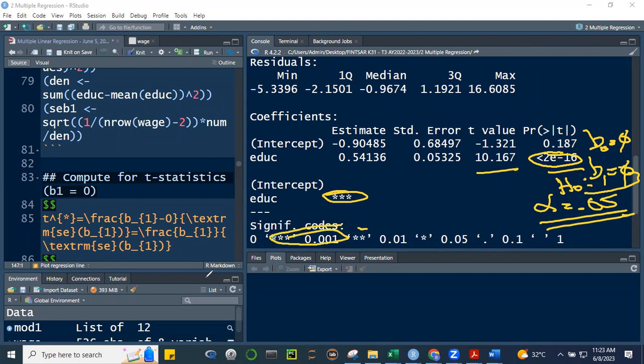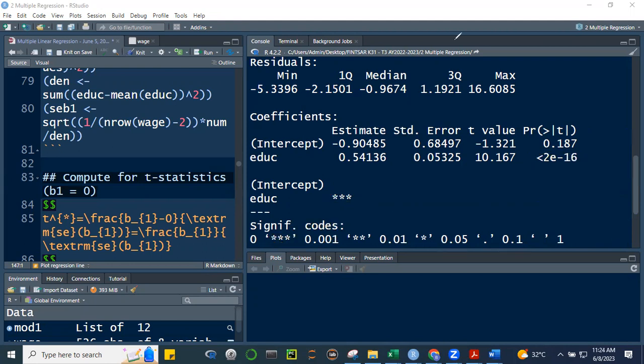Well, actually, class, we said that the p-value here, this one, it's not the actual p-value.